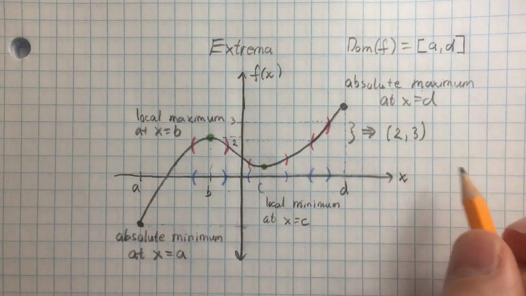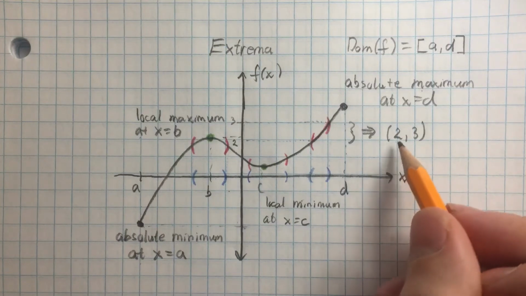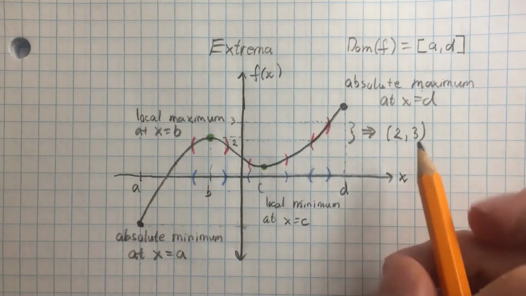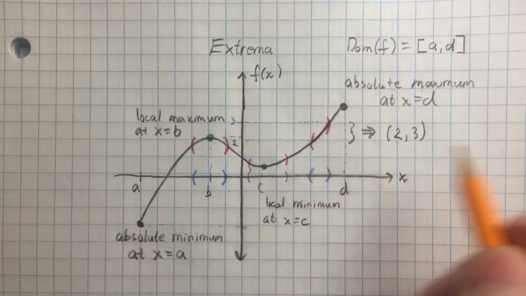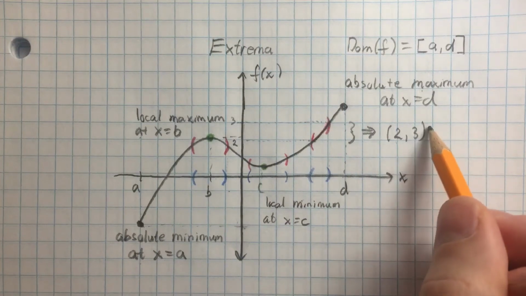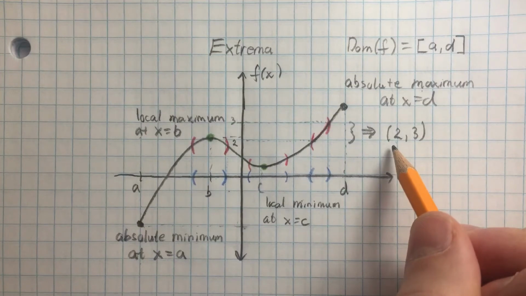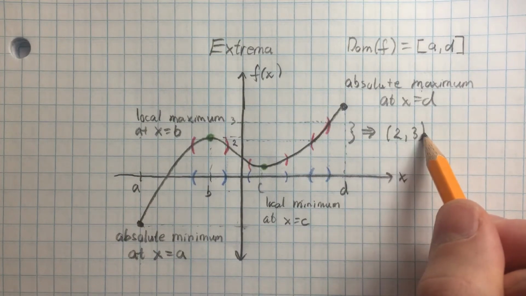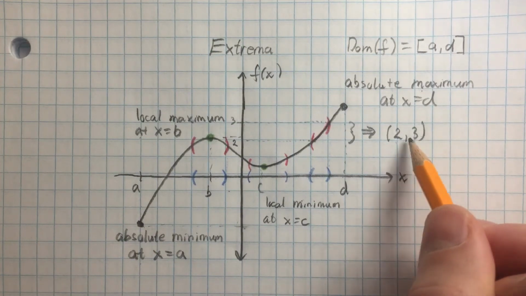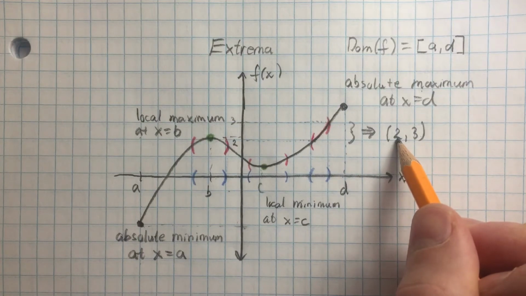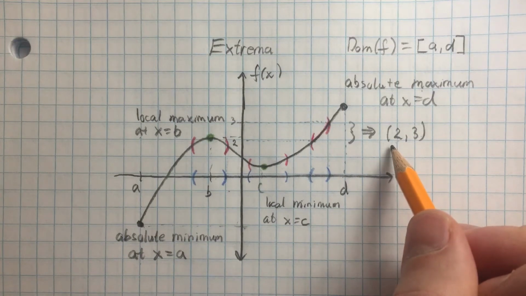And it's an open interval. So the first thing a person usually says is 2 is the lowest and 3 is the highest. So therefore there's a relative max here and a relative minimum here. The problem with that is 3 is not included in the interval, neither is 2. So you can't claim 3 is the largest value here because it's not here. Nor can you claim the smallest value is 2 because 2 is not in this interval.